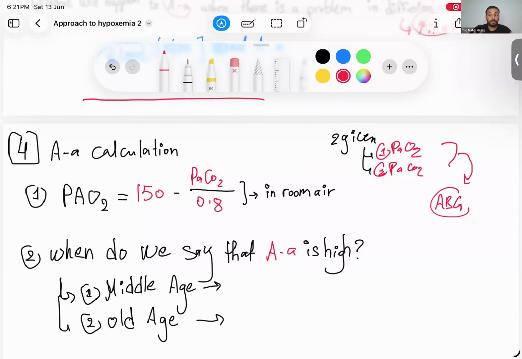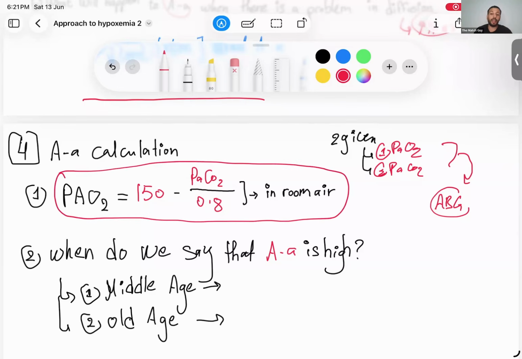Unfortunately, in this webinar, this is the only equation that you should be memorizing: how to calculate the partial pressure in the alveolus. It's actually easy. 150 minus the partial pressure of CO2 over 0.8. But the only rule for this equation to apply is that the patient should be on room air. If the patient is not on room air, this equation wouldn't work.